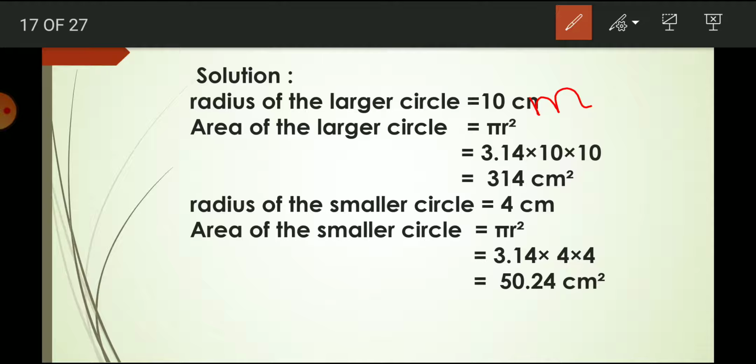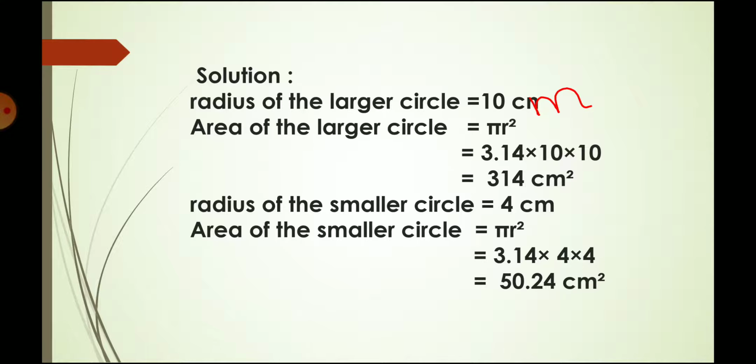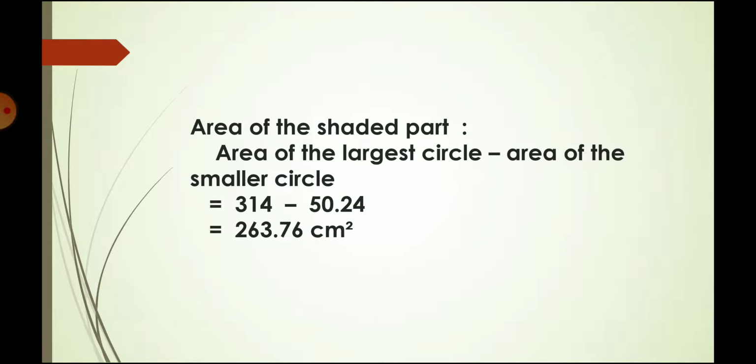We should multiply these three values. 4 fours are 16, so 16 into 3.14 comes to 50.24 centimeter square. So we found the answers for parts A and B.